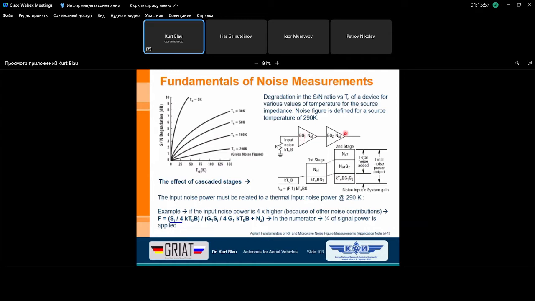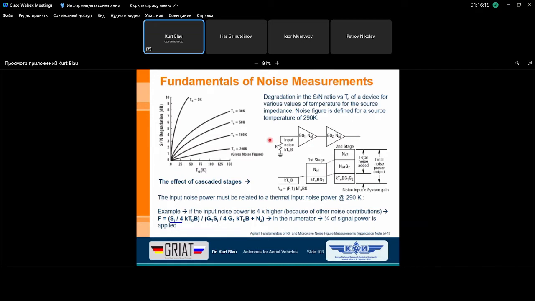And this is the reason why we can introduce only one equivalent bandwidth B, because this is valid as an overall bandwidth.